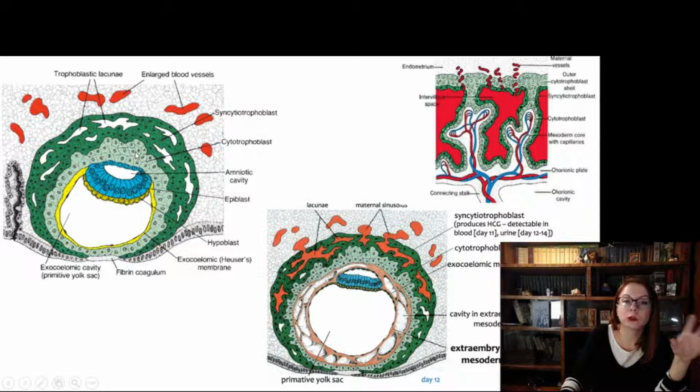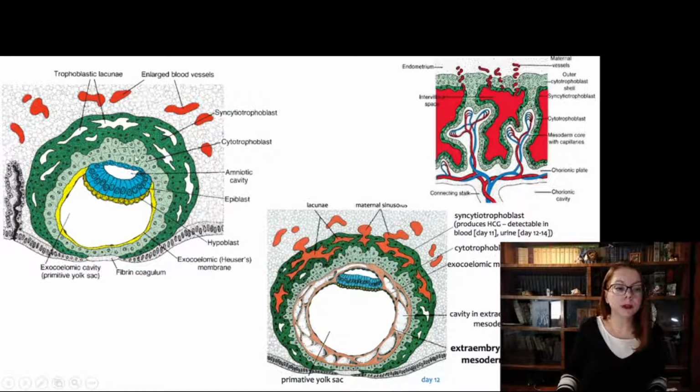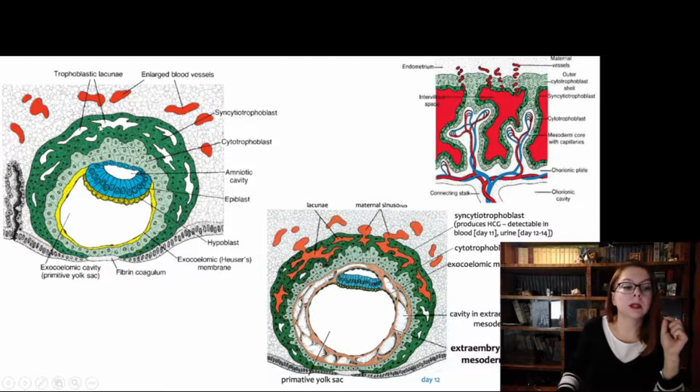Okay, so exactly the trophoblast is the subject of our interest during this lecture. From its name, trophoblast, tropho means nourishment. It provides nutrients to the embryo. How? First of all, in the outer layer, in the syncytial trophoblast, some spaces called lacunae appear. Empty spaces, here they are.